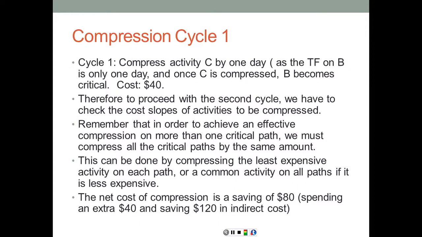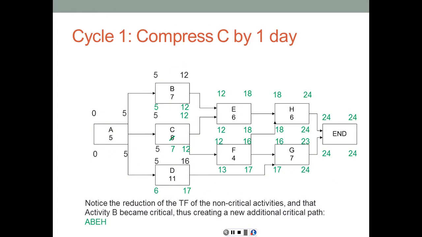So in this case, after compression cycle number 1, we have savings of $80. And that shows now the numbers based on the compression cycle of activity C. Notice here that the duration of C has been reduced to 7 days, which resulted in the new dates in green. And now on the backward pass, we notice that activity B has become critical.